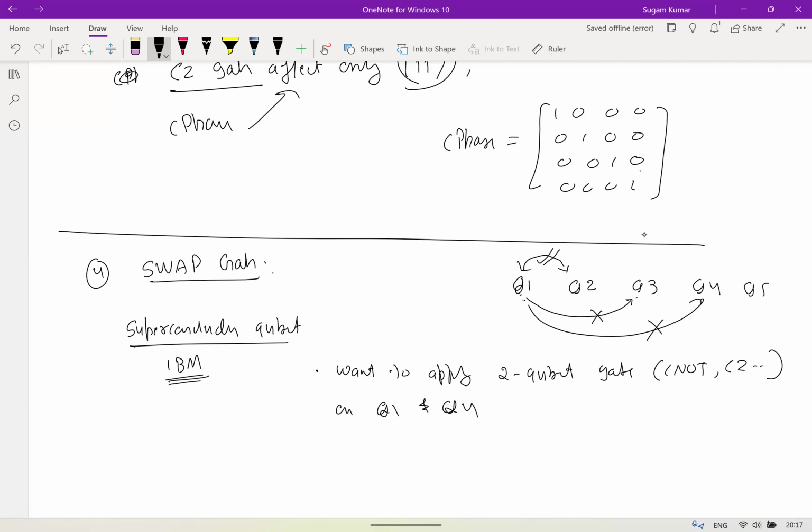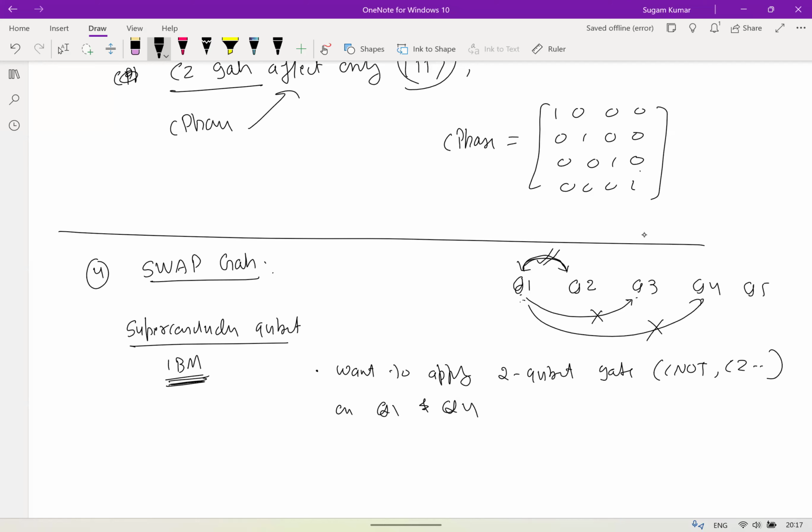Now see, in IBM or all these companies which are using superconducting qubits, you cannot do this. You can't apply a 2-qubit gate between 2 qubits which are not adjacent. In all this IBM hardware, you can apply a 2-qubit gate between physically adjacent qubits only.